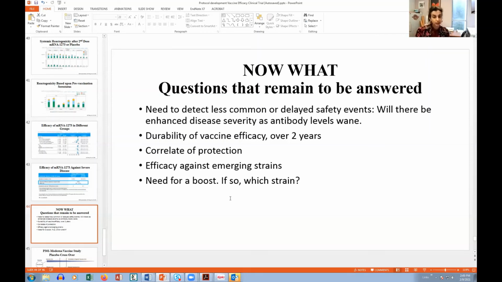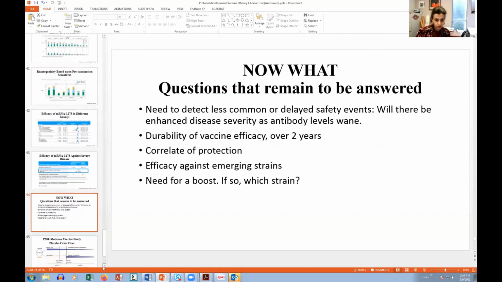We are awaiting data on viral neutralization assay, and a collaboration was established with the South African group just a couple of weeks ago, and we had to facilitate that. And do we need a boost? And if so, which strain should we boost with? And this is now a topic for a study within the BTU.